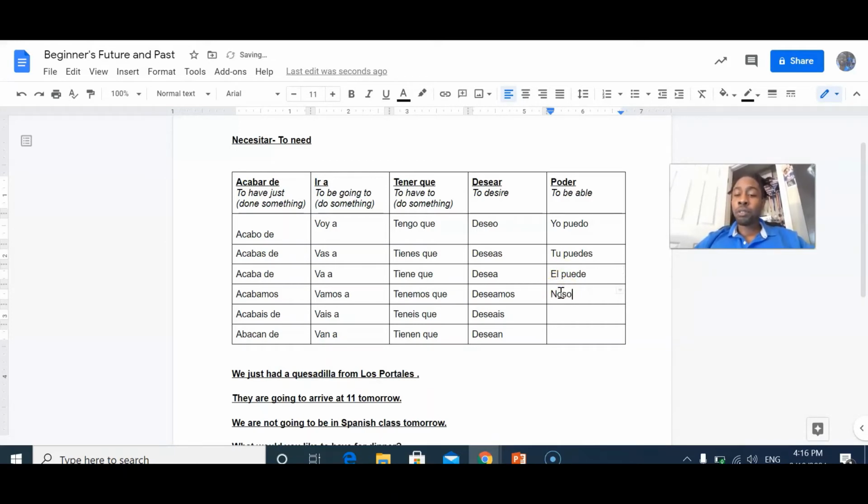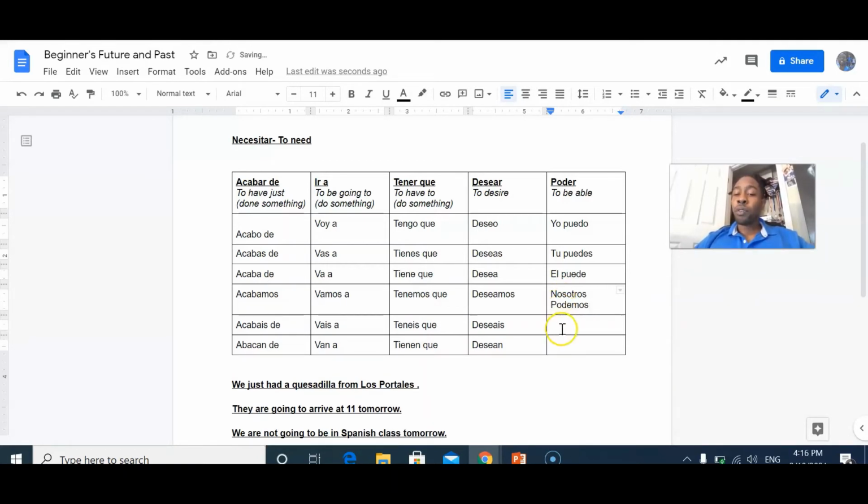Nosotros podemos. Vosotros podéis. Y ellos, ellas, ustedes pueden.